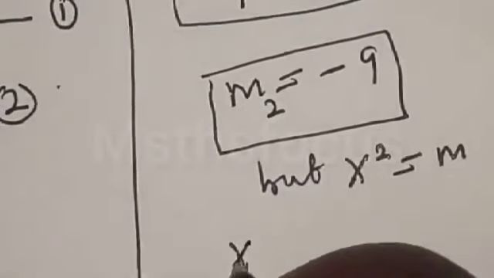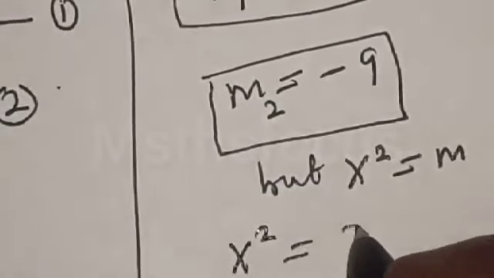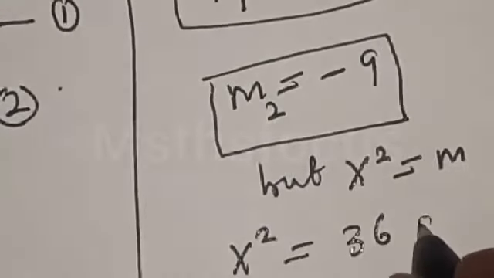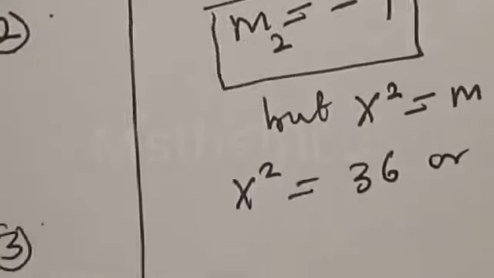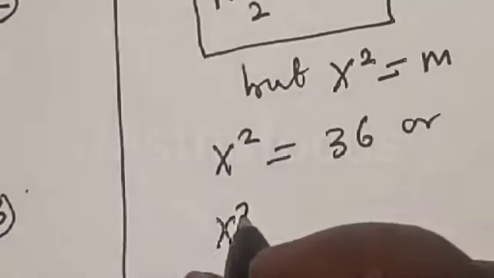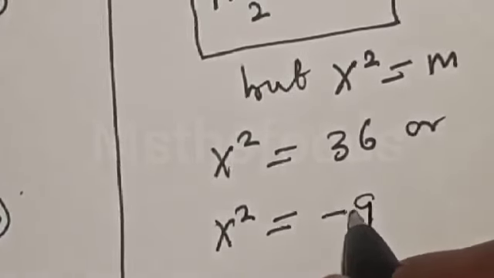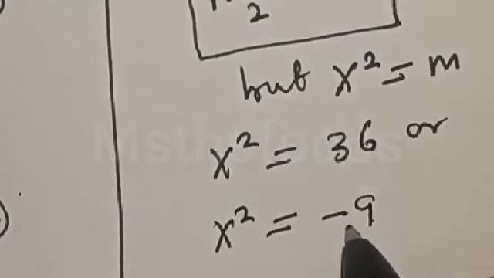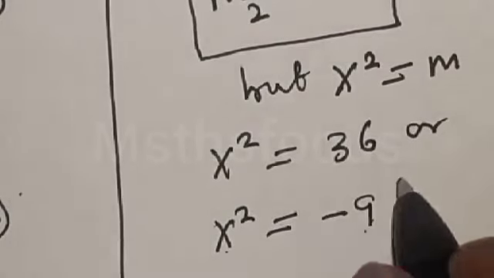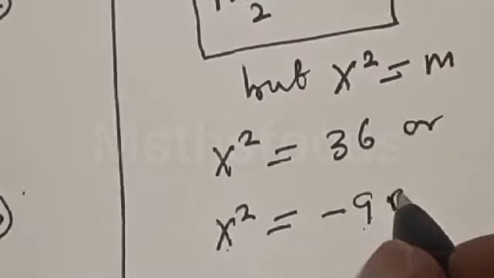Therefore, x squared is equal to 36, or x squared is equal to minus 9. But x squared cannot be equal to minus 9, since a square is positive and this is negative. Then this is rejected.